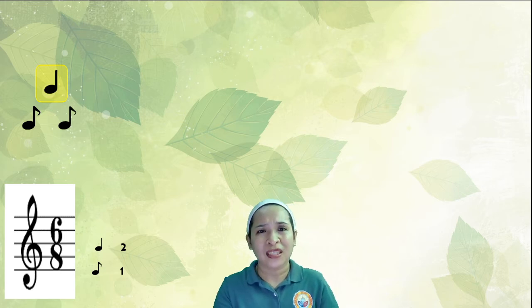And as we all know, there will be two eighth notes to give us a quarter note. So the quarter note this time is not equal to 1. It is equal to 2. And then there are also two quarter notes to give us a half note.